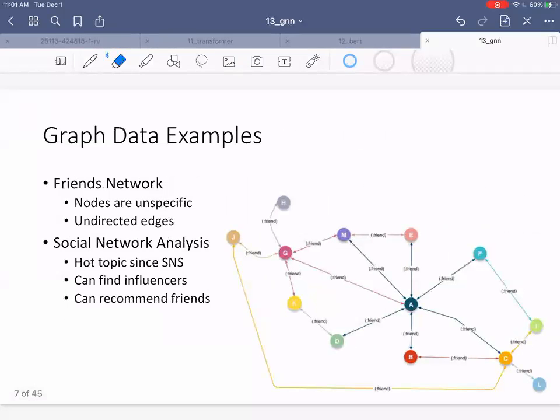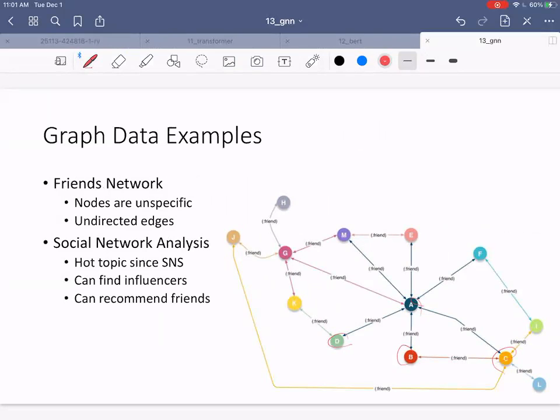Let's look at some of them one by one. Friends network, in this case, I just took a picture from the internet. These, A, B, C, D, are all people, and this is just a friends network. First of all, the nodes are unspecific, so we don't know anything specific about each person.